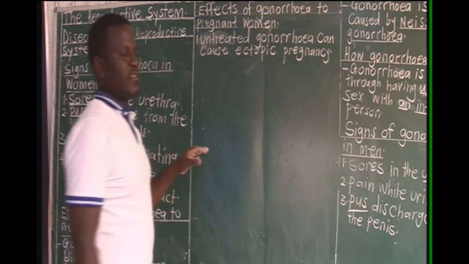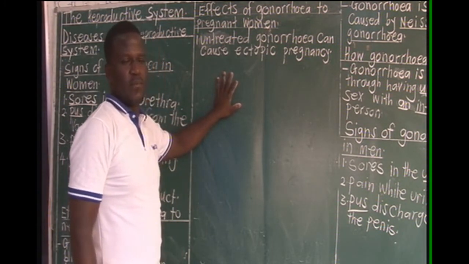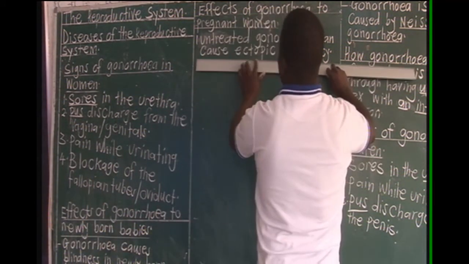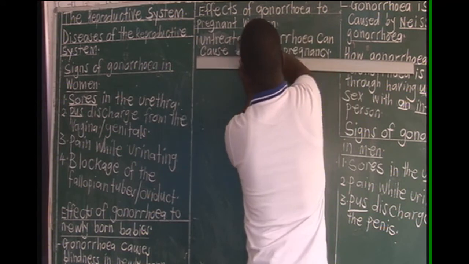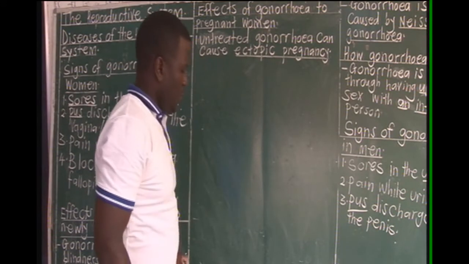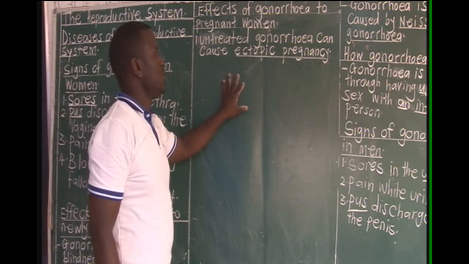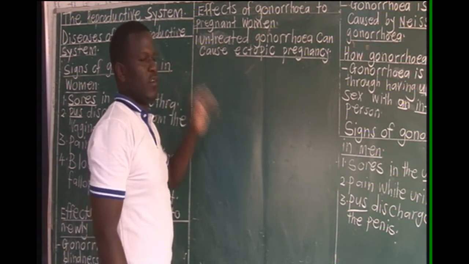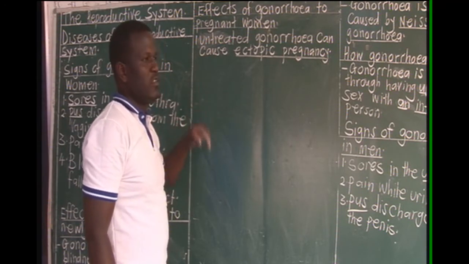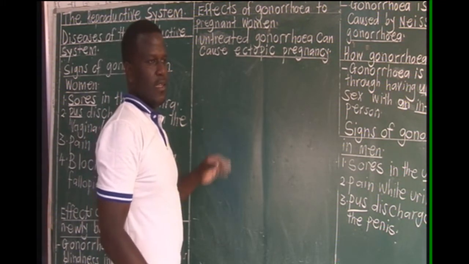Now, ectopic pregnancy is one of the disorders of the female reproductive system, whereby the embryo does not move to the uterus for implantation. So after fertilization has taken place in the fallopian tubes, that embryo remains in the fallopian tubes. It doesn't go to the uterus. And when it remains there, it keeps on growing.